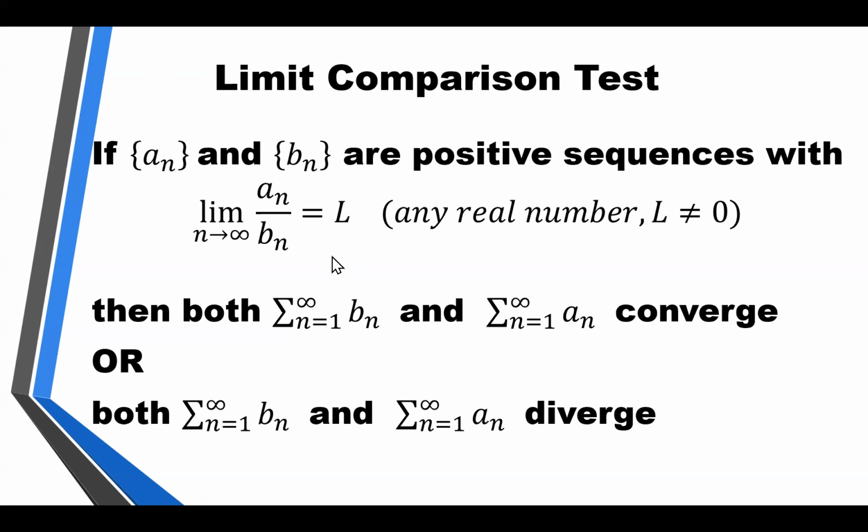They're growing or decreasing at the same rate, except maybe one is a constant multiple of another. So if the limit of that ratio is some real number, then both infinite series converge or both infinite series diverge. But we can't have one do one thing and one do the other.